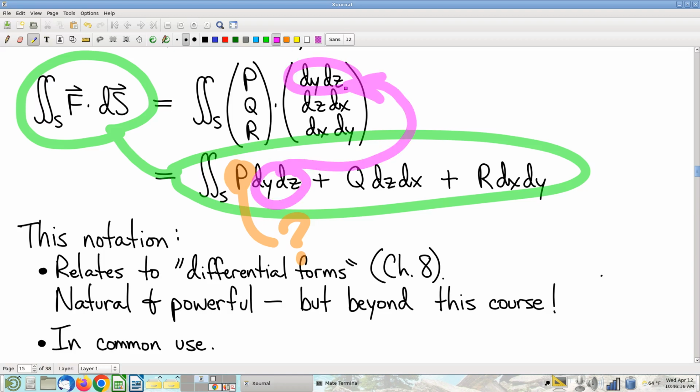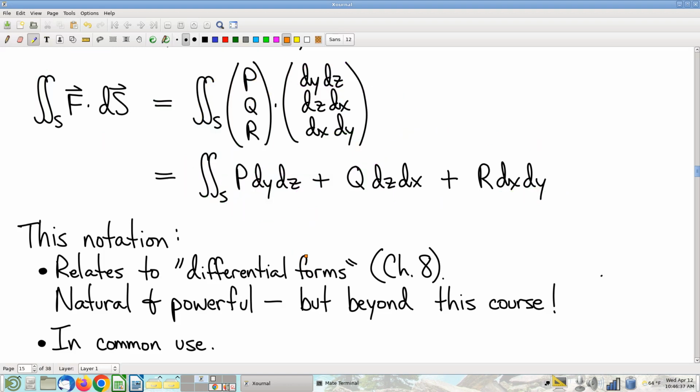I see that dy dz is my first coordinate of my ds vector. And so that means that P, being what's multiplied by that, must be my first coordinate of my field vector. And likewise for the Q and the R. So just an alternative notation.